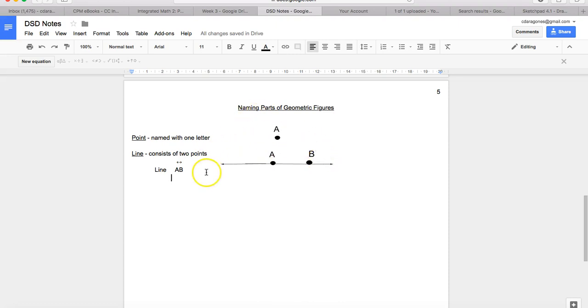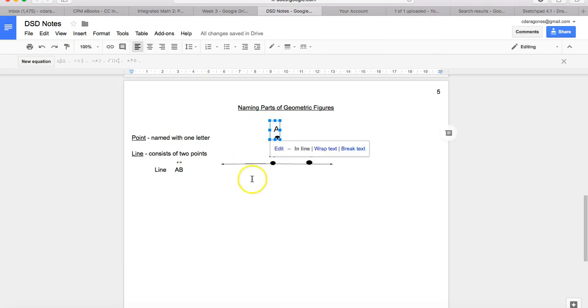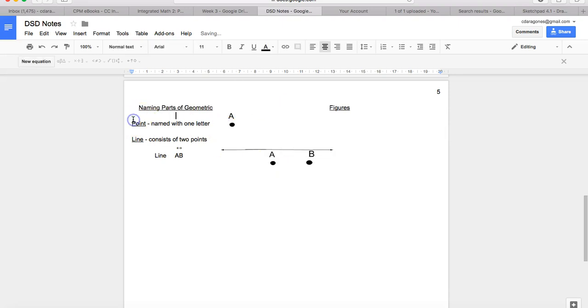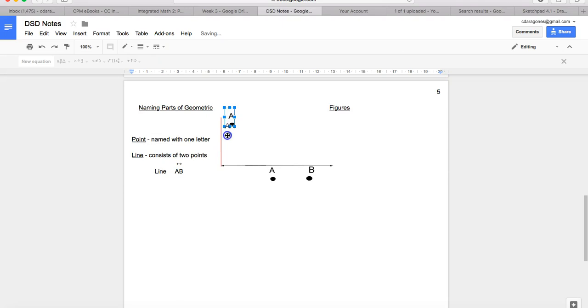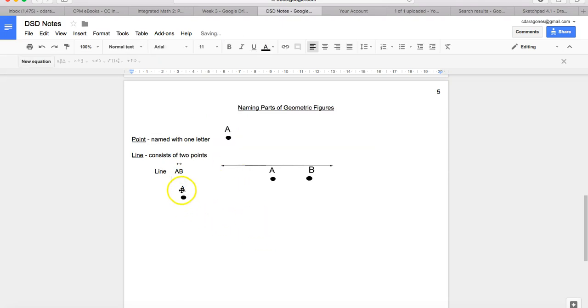If I were to put another point on this diagram, so let's say take another point, and I put it somewhere else on this line.